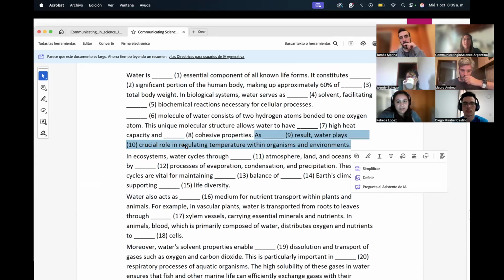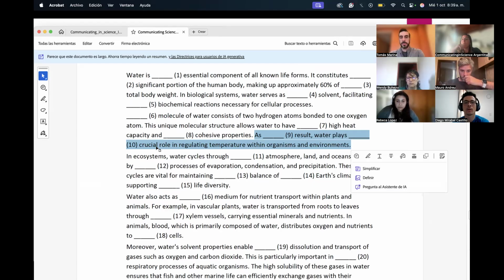There are many things that come from this molecular structure, not only the role that it has to regulate temperature. We need it in our bodies, for example. So I would say as a result, it's only one of many results. And this is a phrase that we will see and use a lot in science.